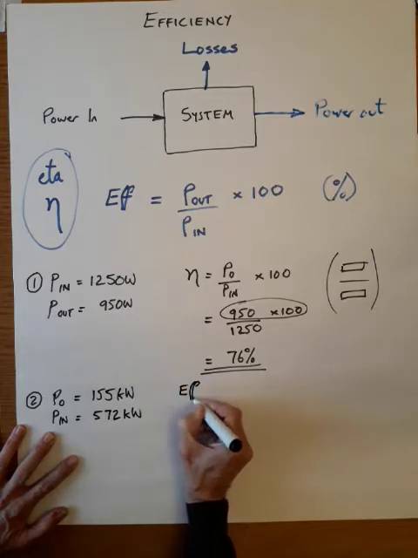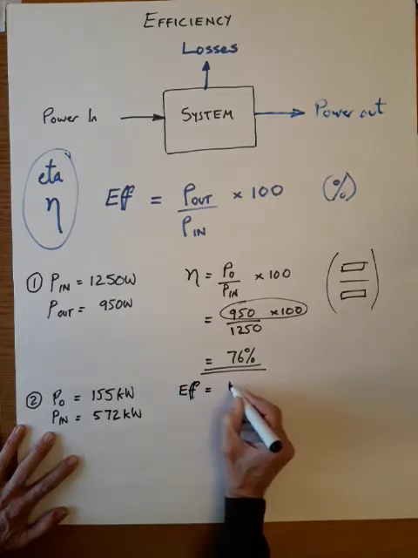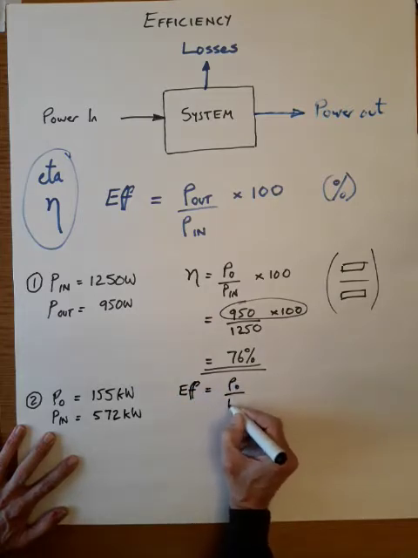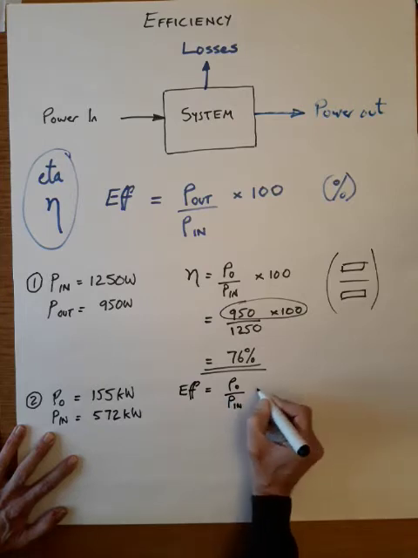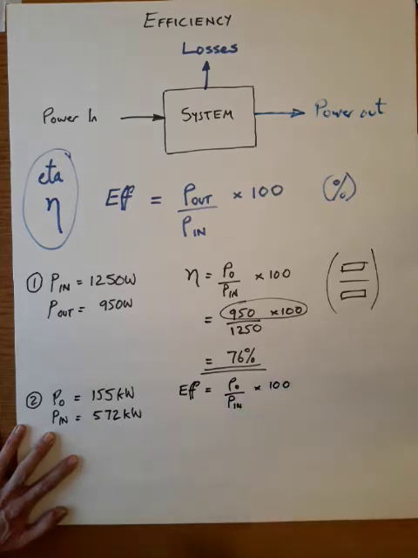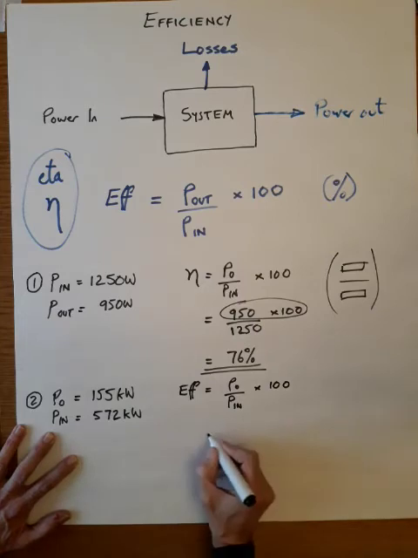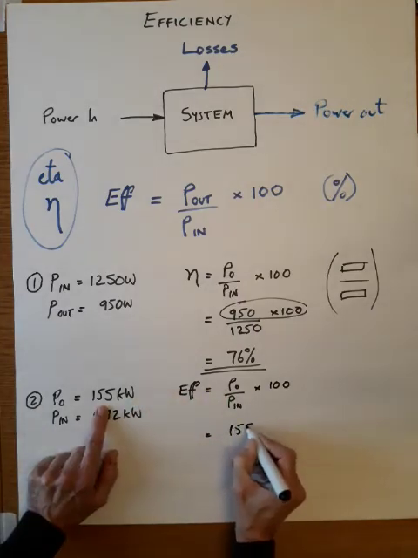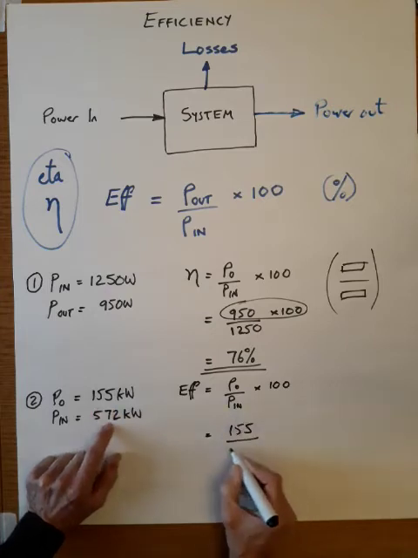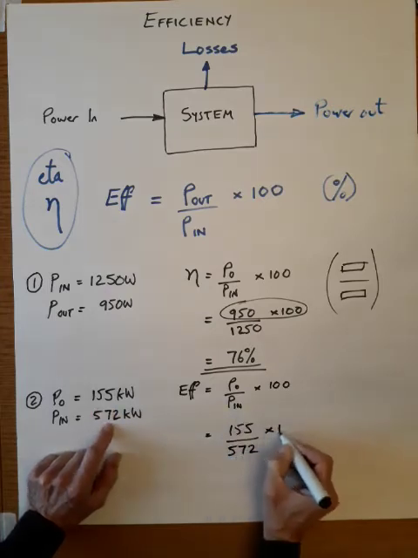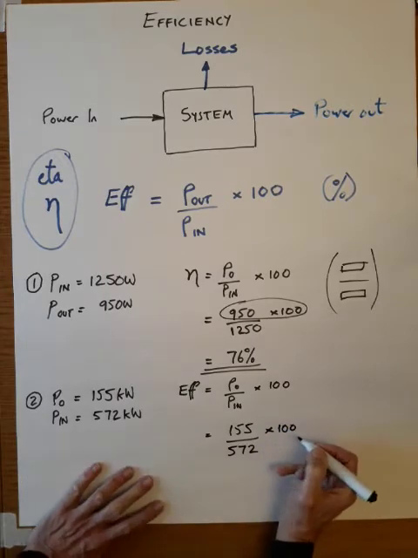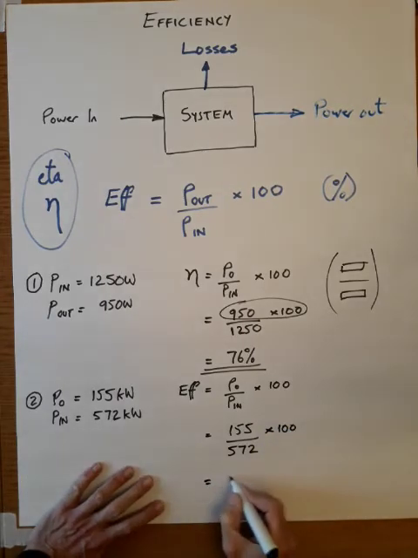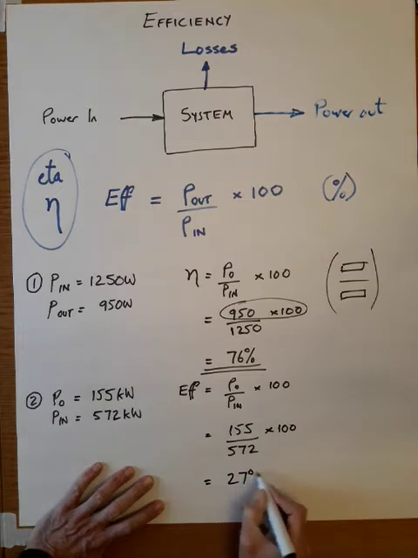So efficiency equals power out over power in times 100. Put the numbers in. Power out 155, power in 572. Put it in your calculator, and that's 27%.